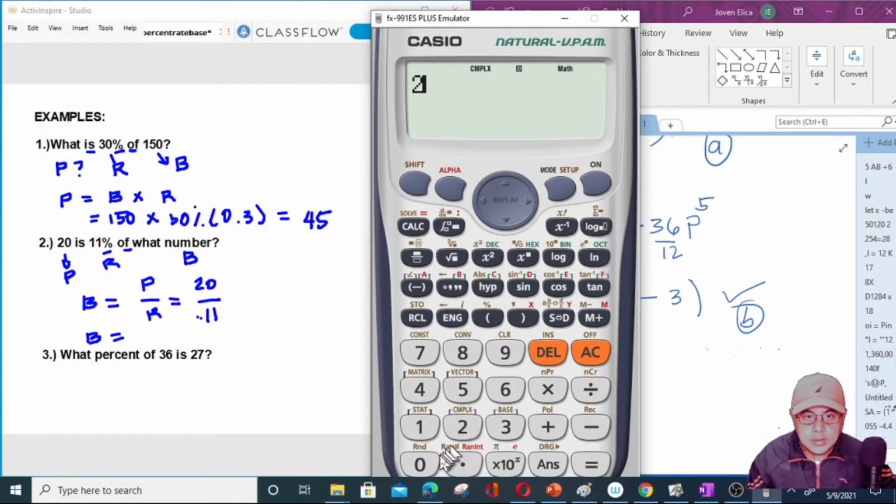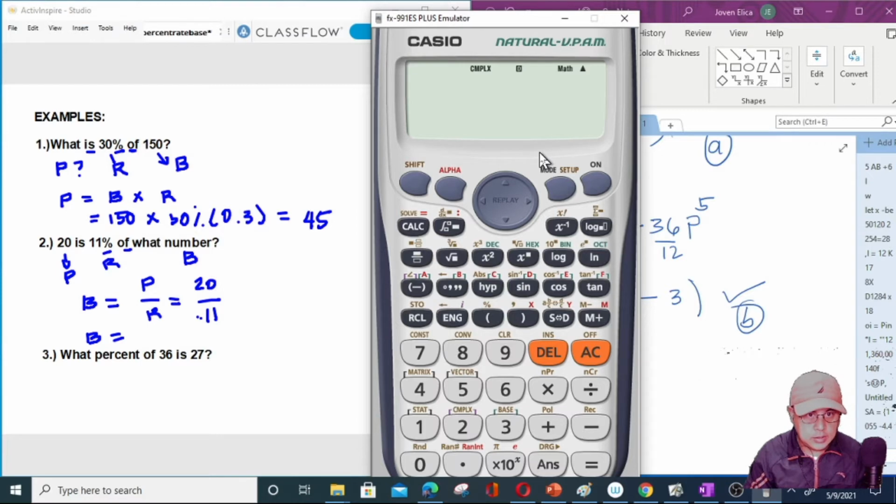So 20 divided by 0.11. Sorry, the calculator did not show the 0.11.